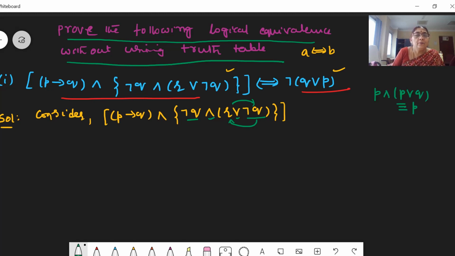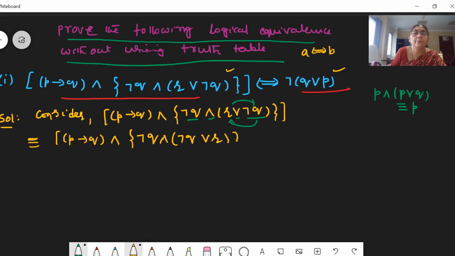Therefore, from the commutative law, this can be written as (P → Q) ∧ (¬Q ∨ (¬Q ∧ R)). That is the commutative law.